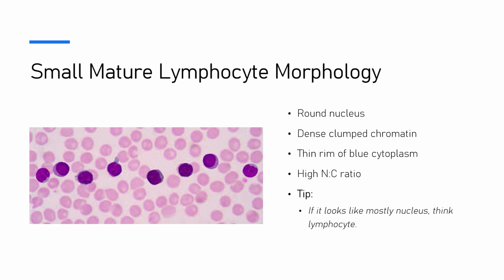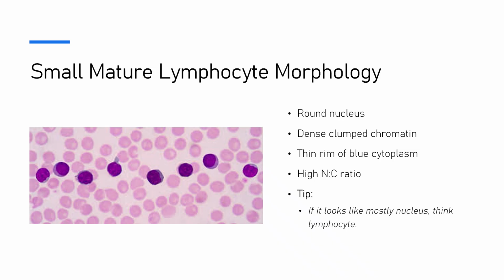Now let's talk about what a typical small mature lymphocyte looks like on a peripheral blood smear. The most striking feature of this cell is its large round nucleus. In fact, the nucleus occupies most of the cell's volume, which is why we describe lymphocytes as having a high nuclear to cytoplasmic ratio, or high NC ratio.